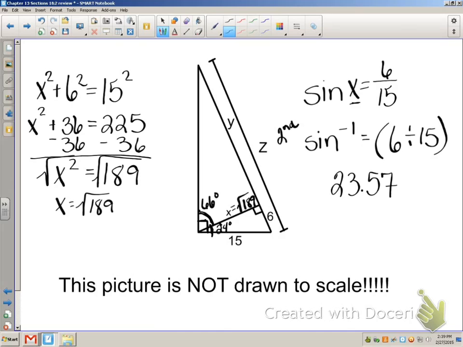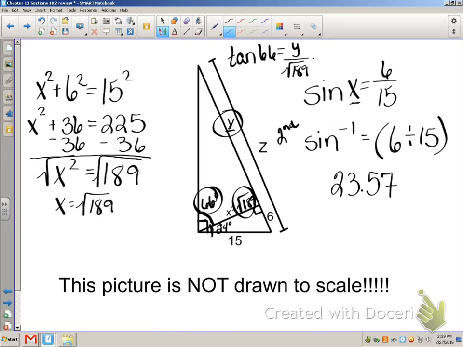Now I can use trigonometry to solve for my y. I know this angle, I know this side, and I can use that to solve for y. So I'm given the adjacent and the opposite, so I'm going to do tangent of my angle measure, which is 66, equals the side opposite over the adjacent side.